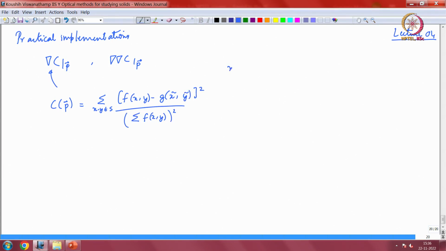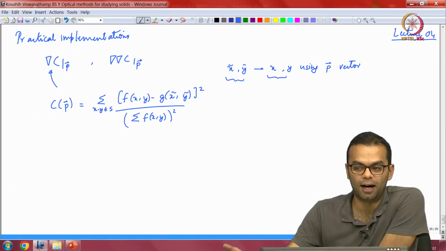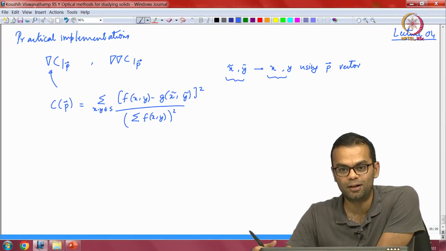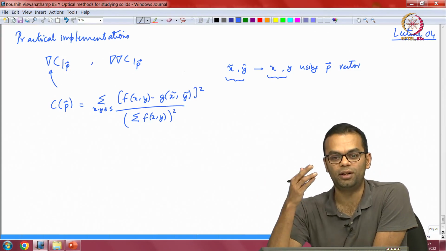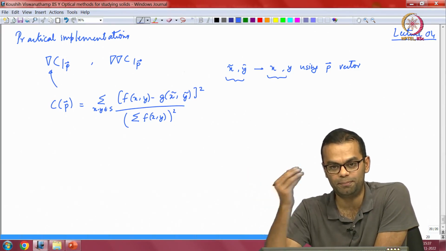Now, x tilde and y tilde are obtained from x y using the P vector. So, any derivative with respect to P will only act on the x tilde y tilde, not the x y, right, because x y are in the undeformed configuration and x tilde y tilde are in the deformed configuration, and you can only get from the undeformed to the deformed using P, right.